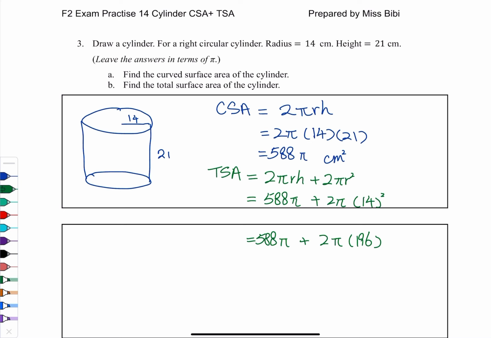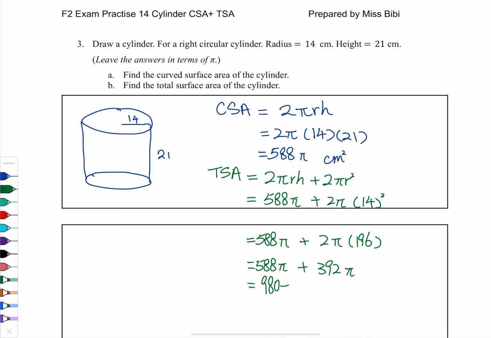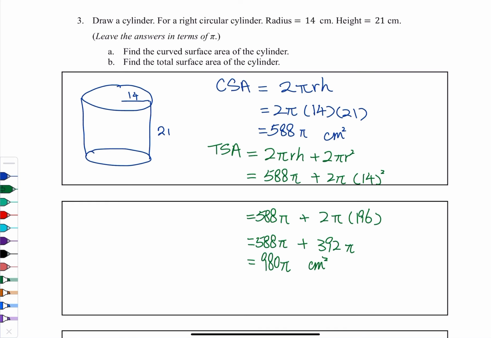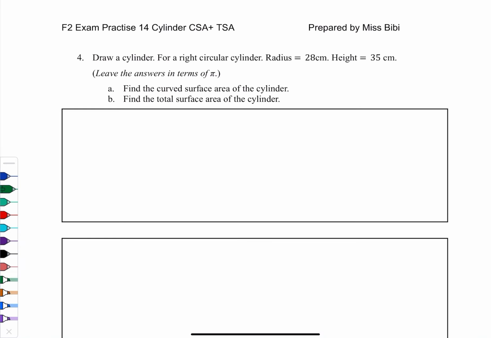And then 196 times 2, remember to click calculator, of course, 392, and then plus the 588, you will have 980 pi cm square. Don't forget that unit, cm square. Easy? So one more practice for this one, and then we move on to next.